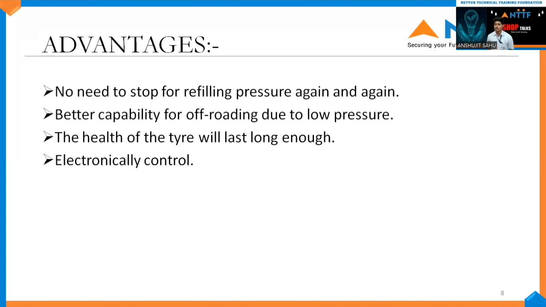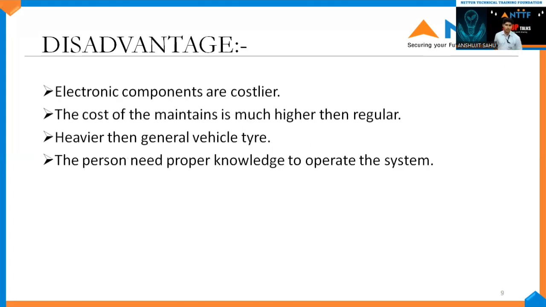It is electronically controlled, supported by the ECU, which every BS6 car has. So with the help of the ECU and the operation control unit, we can use it. Now, there are also some disadvantages of the self-inflating tire. The electronic components are costlier.